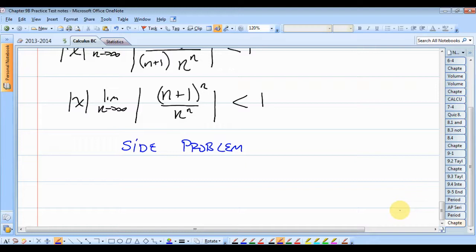My geometry teacher, when I was in 8th grade, 9th grade, would call this a lemma. It drove me crazy. A lemma. Well, I guess that's what the Greeks called it. Basically, it's a problem on the side. Let's take a look at this limit.